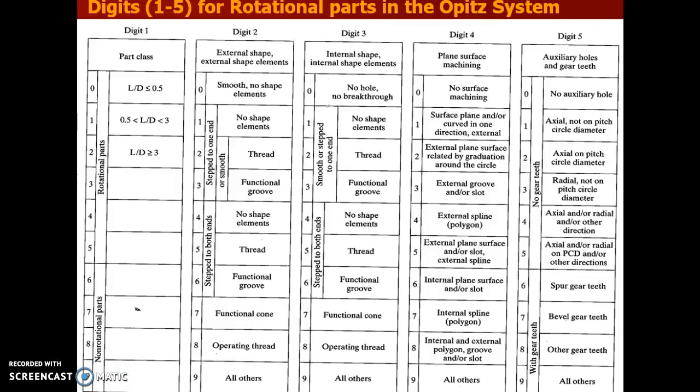Similarly, for the internal shape, if I have a functional groove, then my third digit is going to be 3. Or if I have a thread as an internal shape, then my third digit is going to be 2. Digit 4 is whether I need surface machining or not. Digit 5 is about the auxiliary holes and the gear teeth required for that particular component.